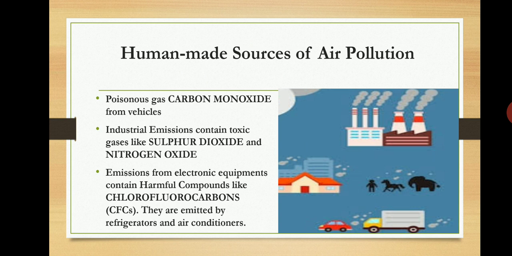You must have seen, when some vehicles are running around, there is smoke coming out from the vehicles, correct? That is actually a poisonous gas called carbon monoxide. So which poisonous gas is emitted from vehicles? It's called carbon monoxide. Please repeat with me: poisonous gas, carbon monoxide from vehicles.